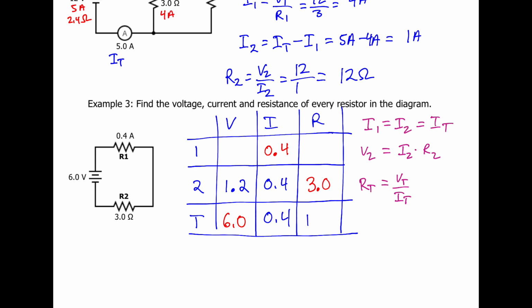So I get 15 ohms there. Well, you can just try the calculator out. 6 divided by 0.4 is 15, yes. It's kind of weird, but it's true. Just trust your calculators. If it's not an easy fraction, just use your calculator.